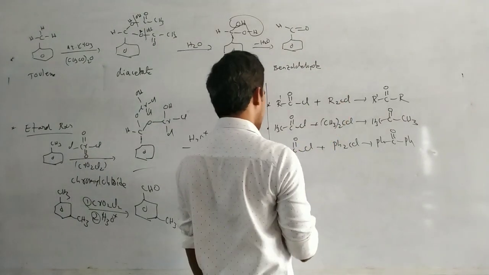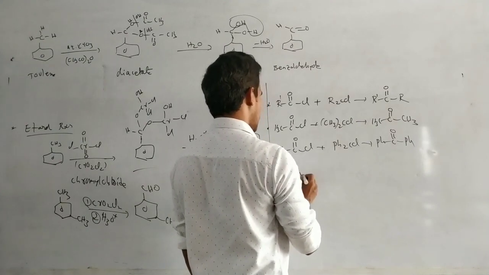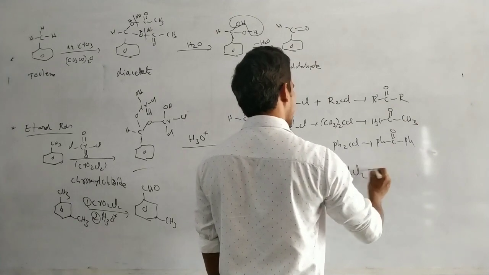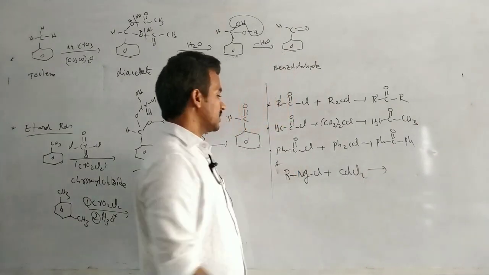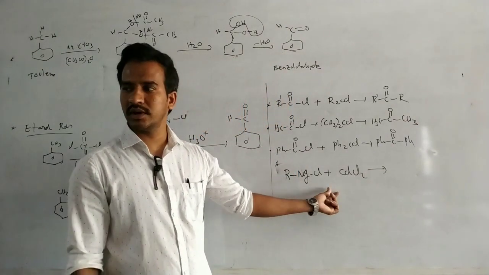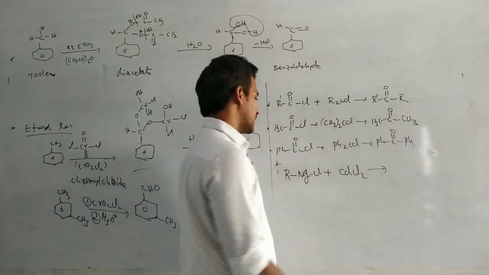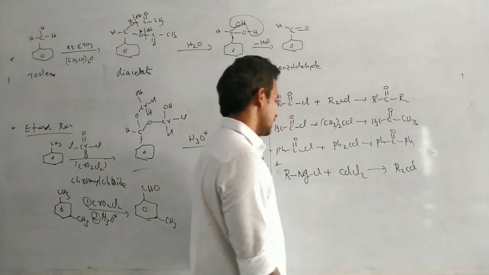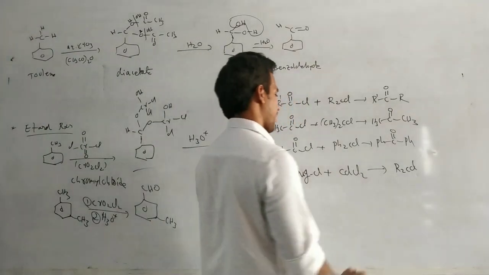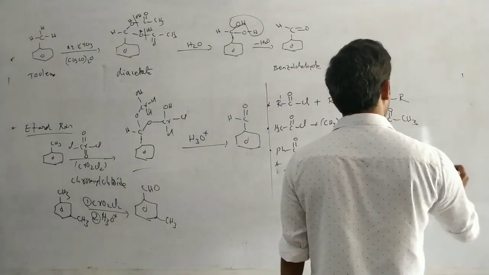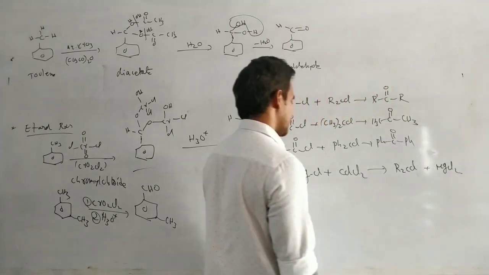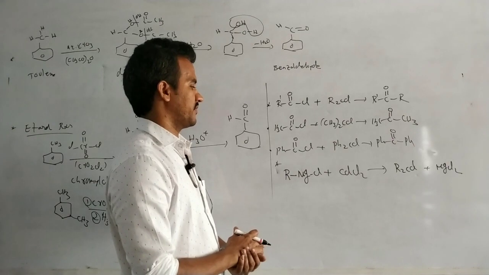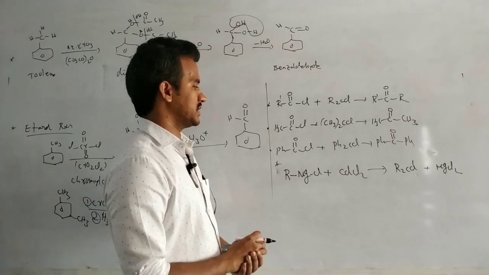How can this dialkyl cadmium be prepared? Generally RMgCl on treating with cadmium chloride, a very important reaction. Grignard reagent on treating with cadmium chloride gives dialkyl cadmium plus MgCl2.